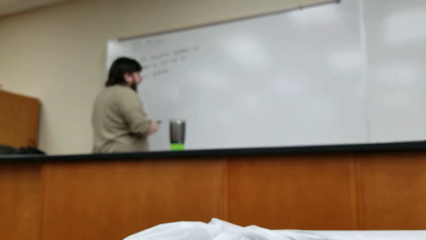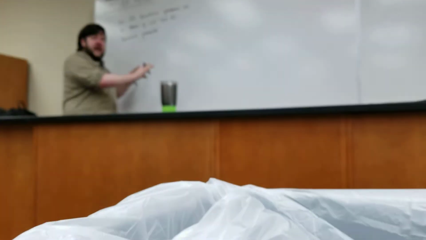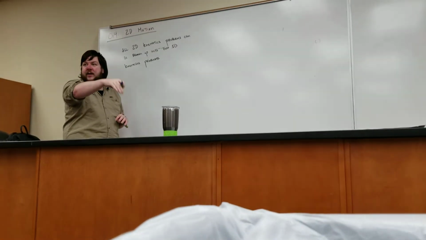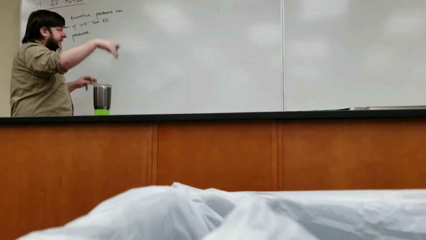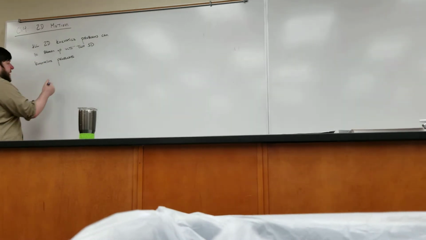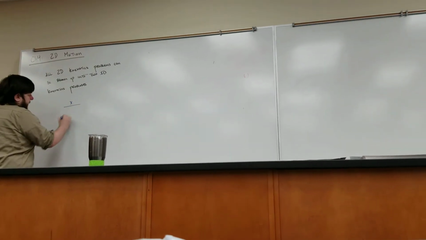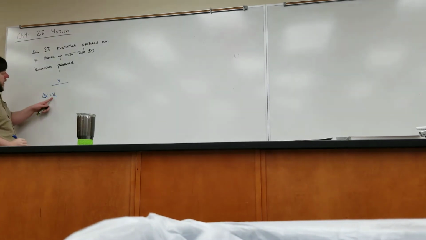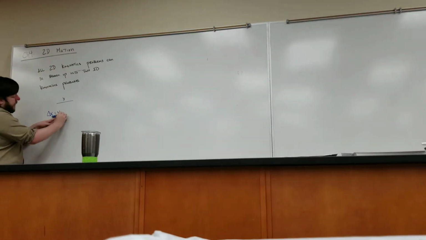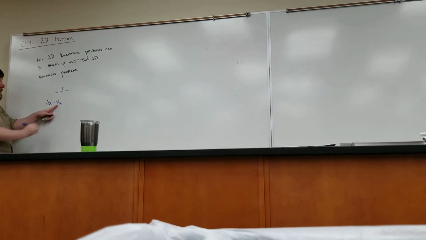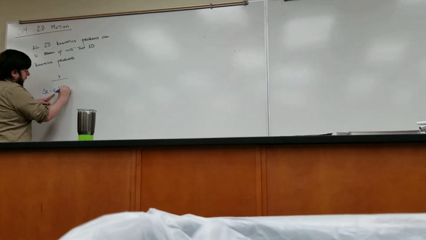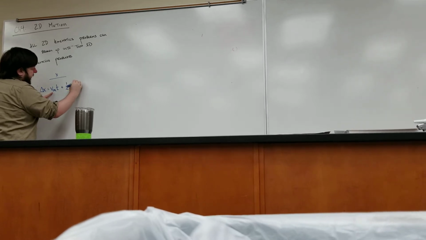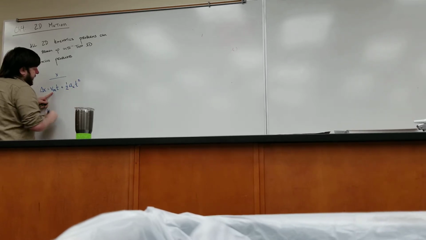So instead of having one set of equations, delta x equals v naught t plus 1 half a t squared, v equals v naught plus at, etc., now we have 2 sets of equations. One in the x direction: delta x is v naught, but it's the x component of the initial velocity, times time, plus 1 half times the x component of acceleration, times time squared.